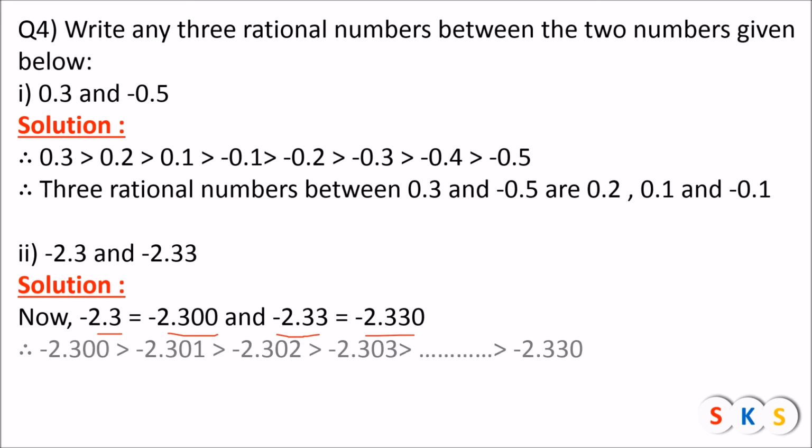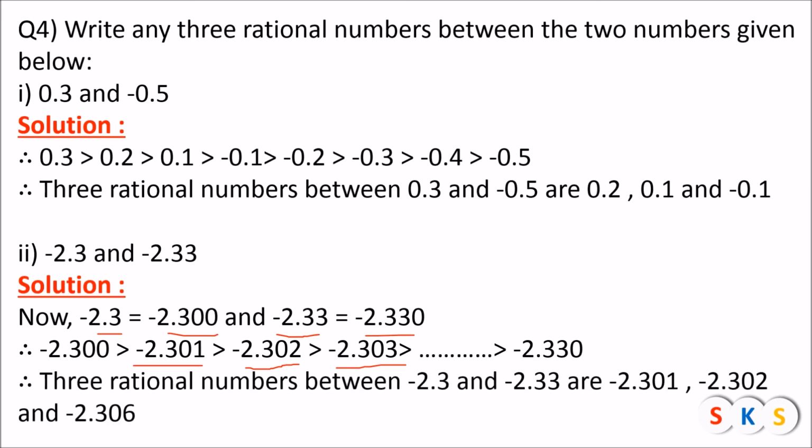So the rational numbers between minus 2.3 and minus 2.33 are minus 2.301, minus 2.302 and minus 2.303. So many numbers are there between these two. So the three rational numbers between minus 2.3 and minus 2.33 are minus 2.301, minus 2.302 and minus 2.306.